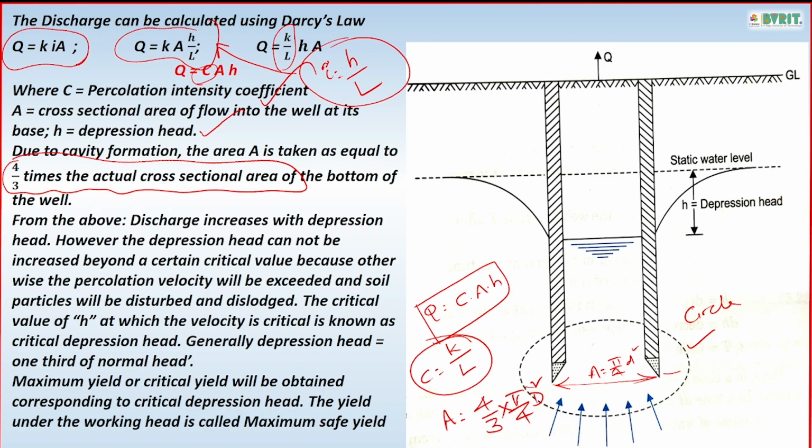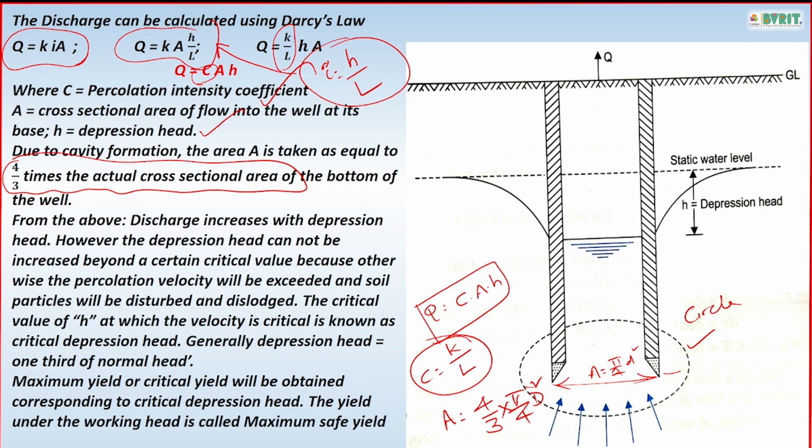Then naturally, as the discharge increases, what will happen to the head? The area remains constant, and the percolation intensity coefficient is constant. So Q is proportional to H. When Q is increasing, H is increasing. H increasing means more and more velocity for the flow.